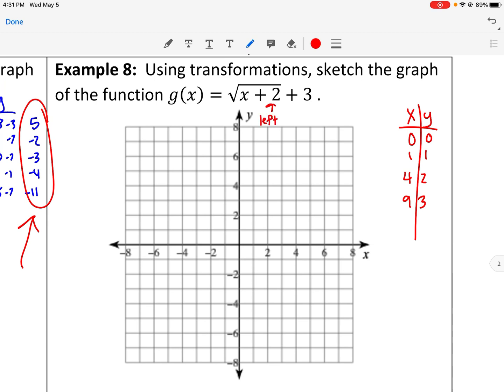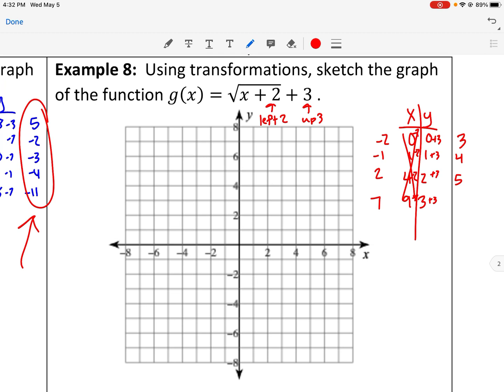So this is left 2. So all my x values, I'm going to minus 2, minus 2, minus 2, minus 2. So my new ones are negative 2, negative 1, 2, and 7. So those are my new x values. And then this is up 3. So I'm going to add 3 to all my y values. Plus 3, plus 3.